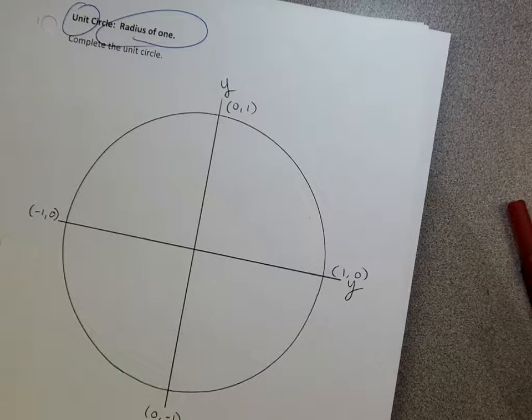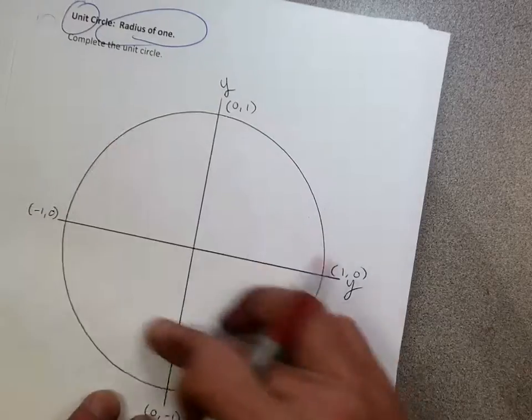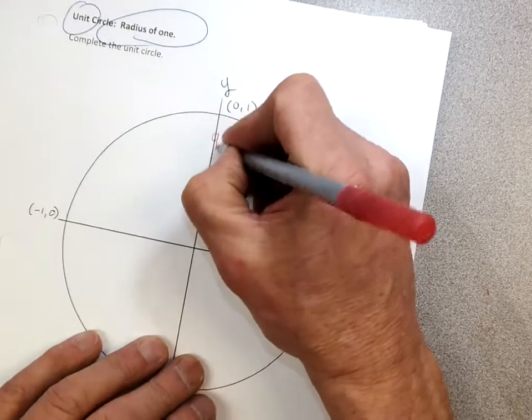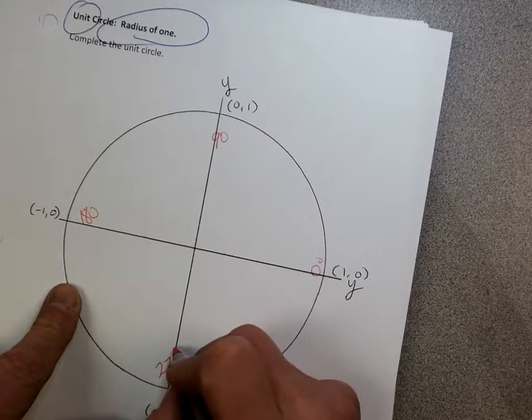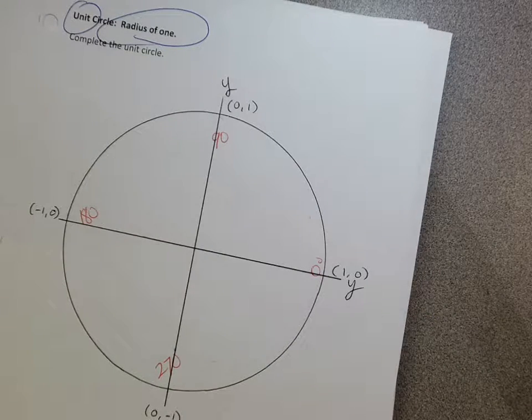Now, a couple of things that we do know on this one is because it's a circle, it's going to have 360 degrees in it. So we know this is 0 degrees, 90 degrees, 180 degrees, 270 degrees, and then of course back to 360 degrees, right? So you can go ahead and put all the angles in there, okay?